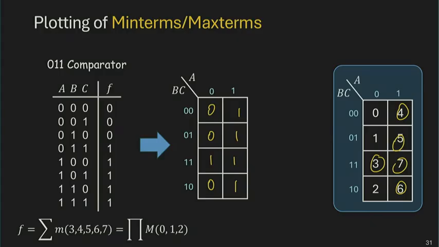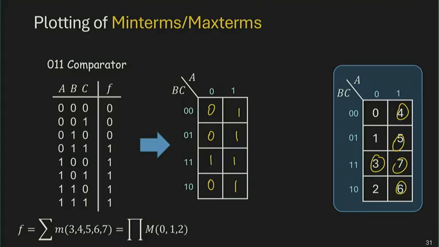Now we run into some problems. Look at this cell, for example. You should have 4 neighbors because this is a 4-variable function. One variable over here, let's call that A, and then B, C, D. One of the neighbors over here, one over here, one over here, which are very nice. But where's the other neighbor? This is 0, 1, 1, 0. Then you have 0, 1, 1, 1.